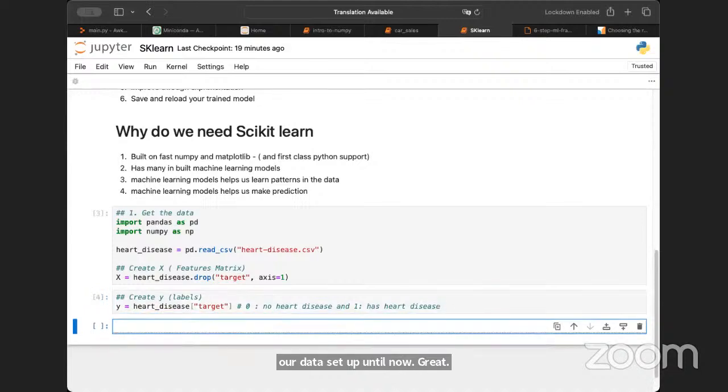Now, what we need to do? Choose the right model and hyperparameters. I explained what are hyperparameters in class 1.